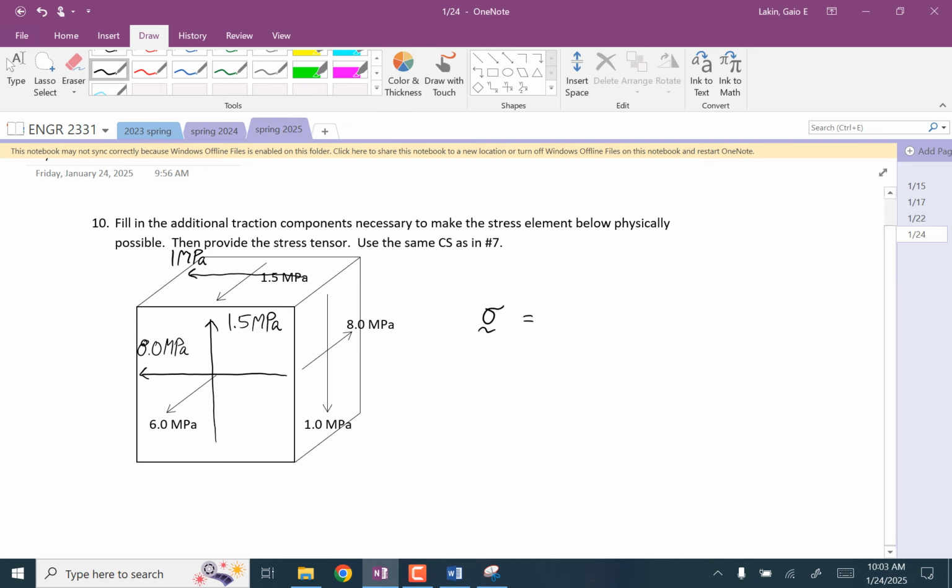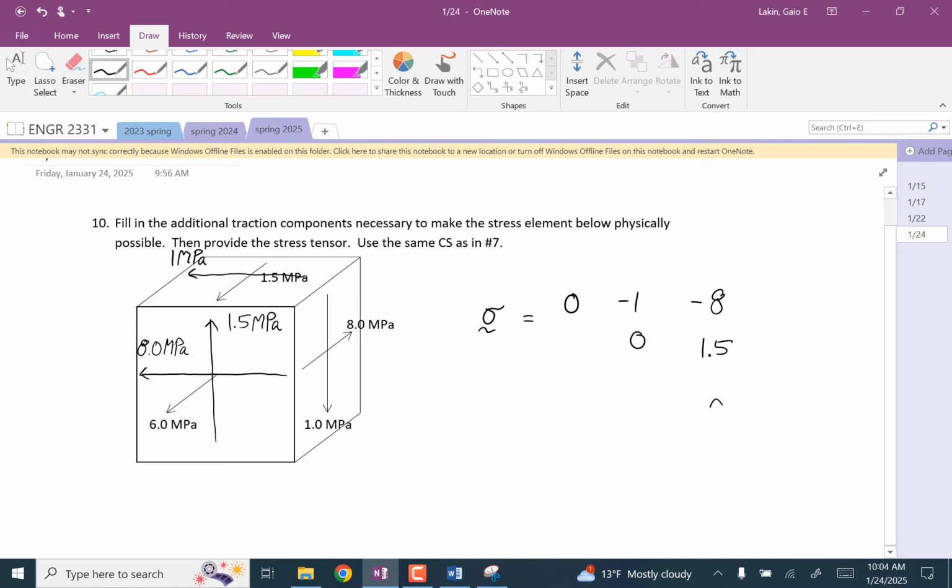But the easier way to do it is just go to the stress tensor, fill in the values you have. Let's see, we got xx is 0, xy is -1, xz is -8, and then yz is positive 1.5.